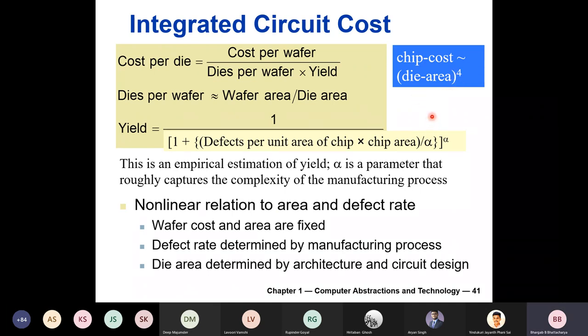How to minimize it? You have to do your logic synthesis in such a way that it becomes very optimized. And as we minimize the die area, power and thermal issues will also arise. So there are many factors which need to be traded off.